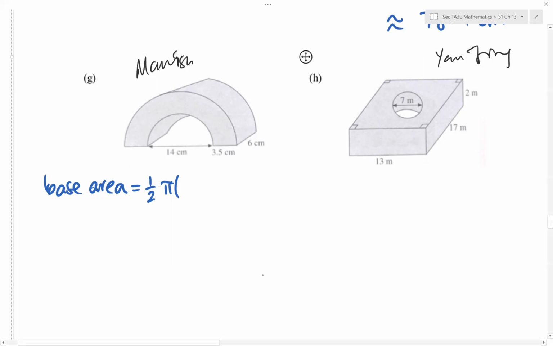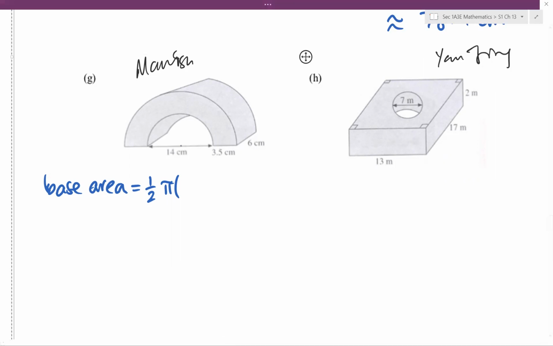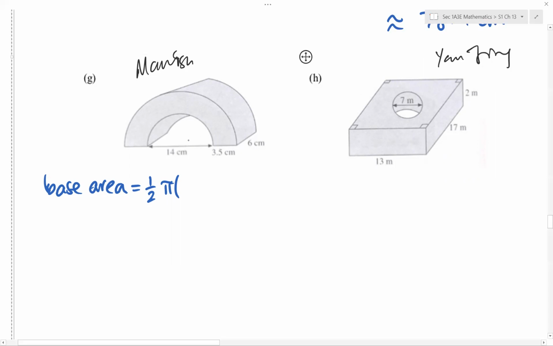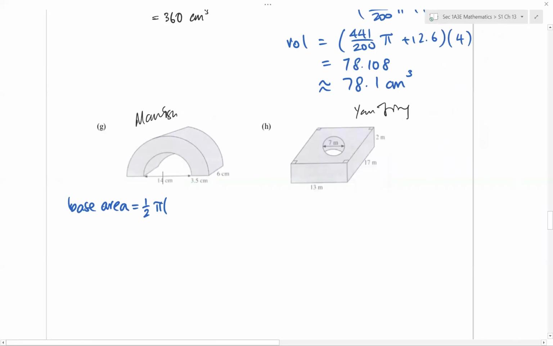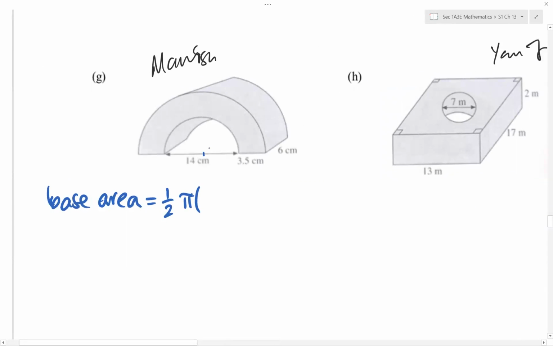Okay, so from the center over here, 7 plus 3.5 squared. This first portion gives us the area of the big semicircle already, half pi r squared, where the radius is 7 plus 3.5. We're going to take away the area of the smaller semicircle, half pi 7 squared.